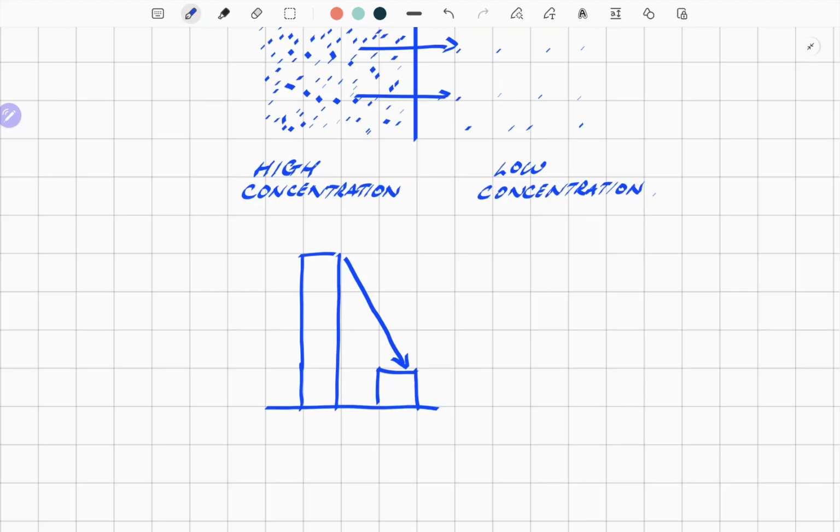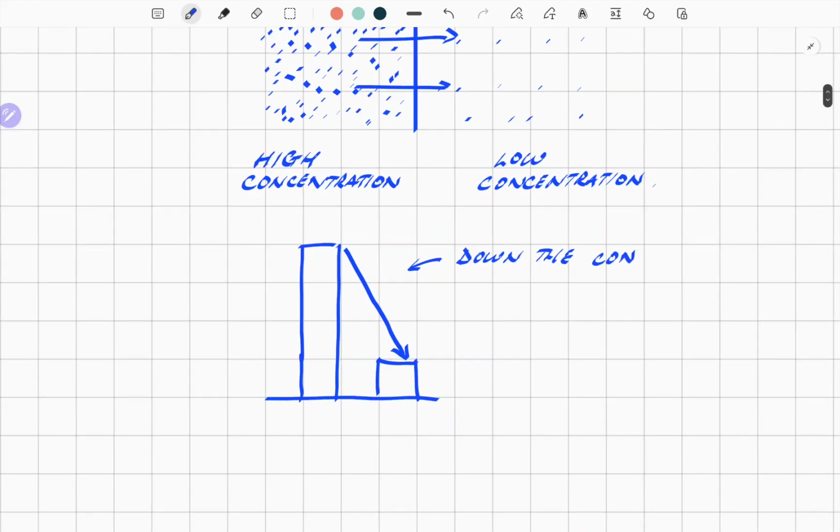That happens naturally. So that down the concentration gradient does not need any help.